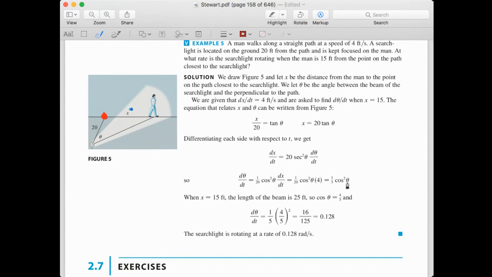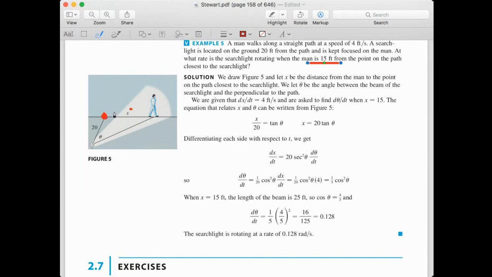So how do we find theta? Well, at the moment x equals 15, right? Then we have x, we could go through tangent, or we could use cosine. Cosine theta equals 4/5, right?